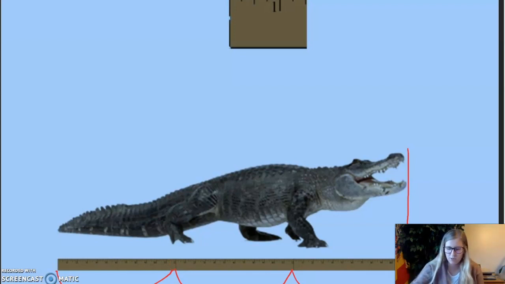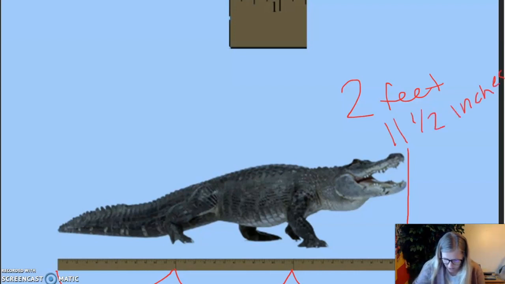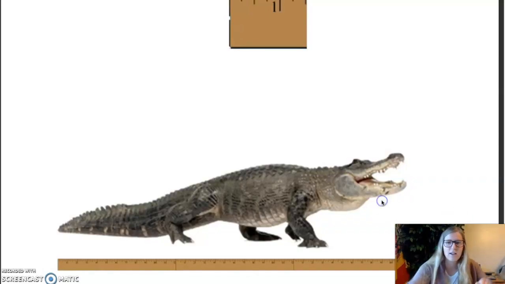So I can tell that those are 3 feet, which is 1 yard, but it looks like he's just a little bit less. So I'm going to say he's 2 feet, and it looks like he is at about 11 and a half inches. And that's how I would write that, okay? All right.